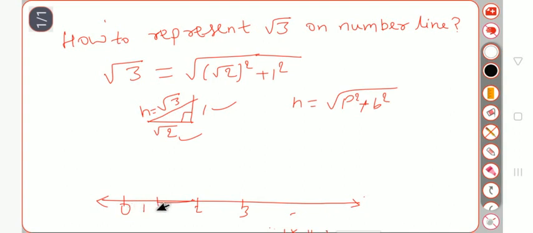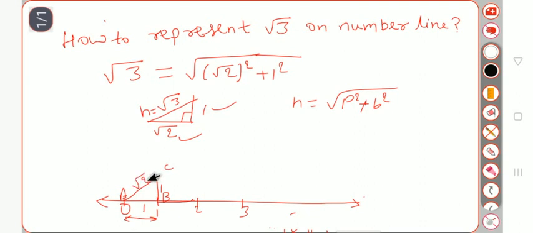So this is 1 unit, 0 to 1, this whole part is 1 unit. So suppose this point is A and this 1 unit point is named B. Okay, so at B draw a perpendicular of 1 unit. So this is 1 unit as we drew in last video for root 2. Now join A to this point. Suppose this point is C, so this AC represents root 2.